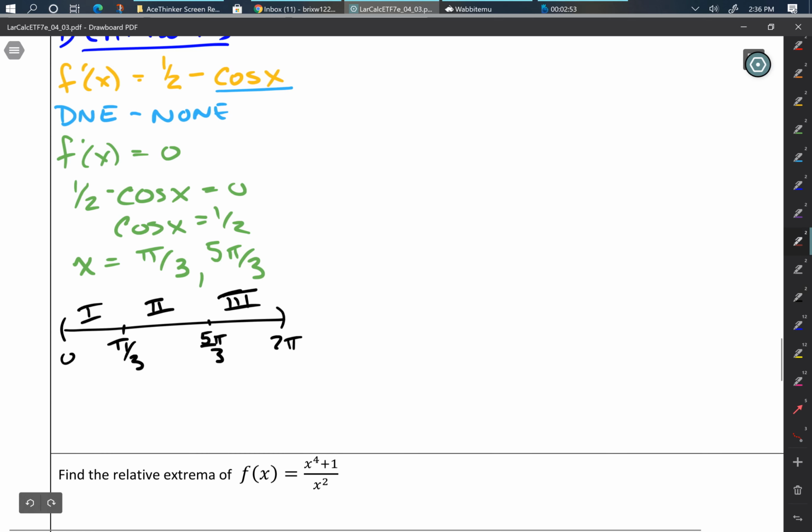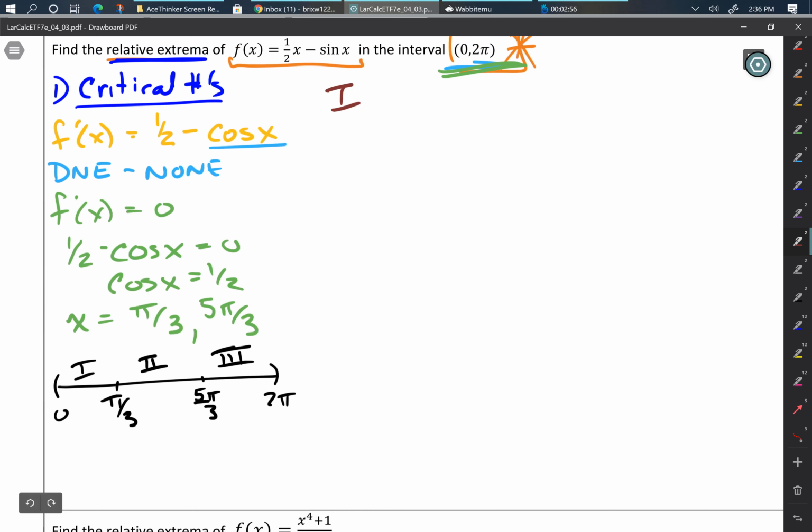First thing I'm going to do is test interval number 1, which means I need a value between 0 and pi over 3. I can pick any number I want. I'm going to say let's make x be pi over 6. And then I'm going to find out what is the value of the derivative, that is, f prime of pi over 6. F prime of pi over 6 is going to be 1/2 minus the cosine of pi over 6.